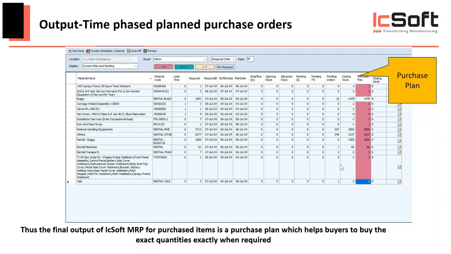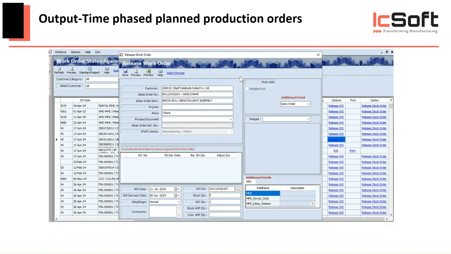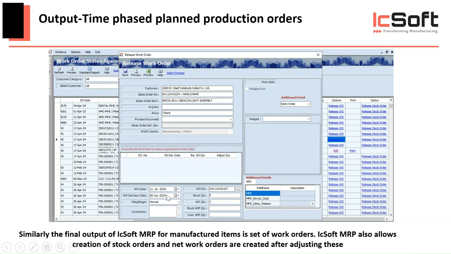So, even the dates are given here. The second output is time phased planned production orders. So, production orders or work orders, the work order quantity, work order date, you can see it here.